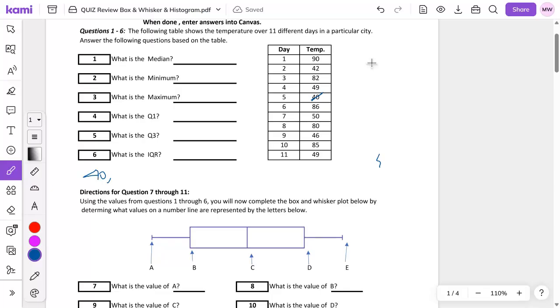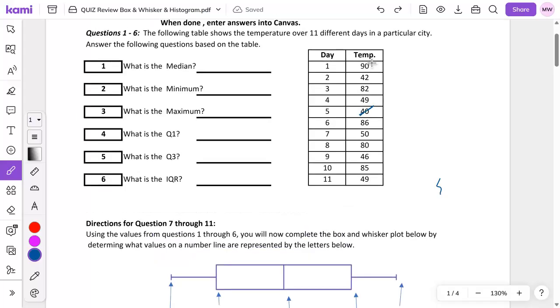Let me do this a little bit differently. I'm going to make this bigger, Control plus. The smallest is 40. And then what's the next one? Next one is 42. I'm going to pause the video, but I'm just putting them in order. So put them in order, all the numbers from smallest to biggest.